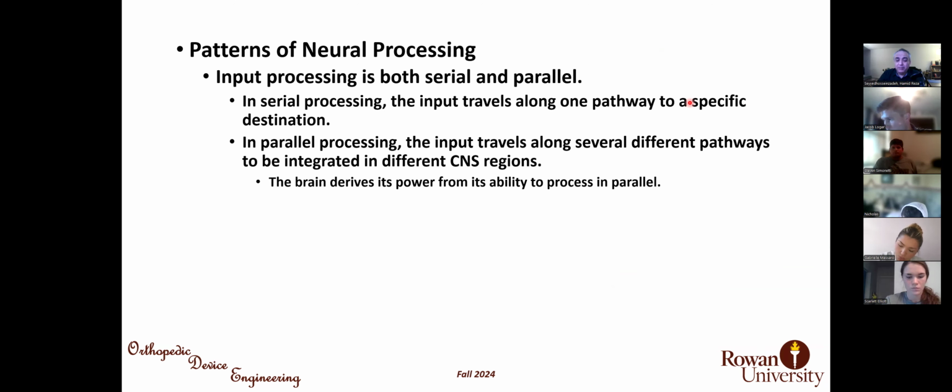That cell processes the information, sends the response to the axon, the axon to the third, and it continues until it reaches the final response. This is called serial, one by one. And as you know, this serial response is very slow.